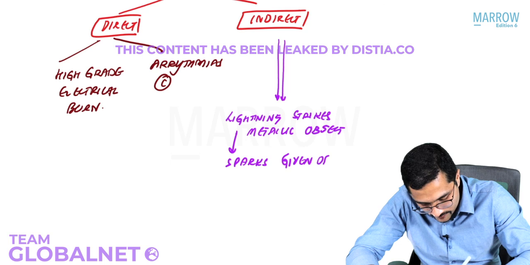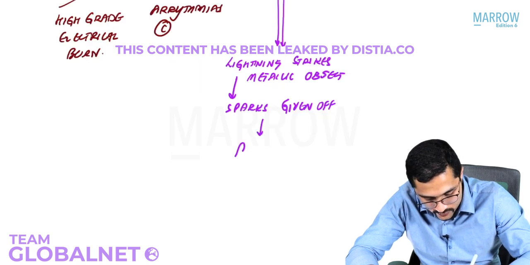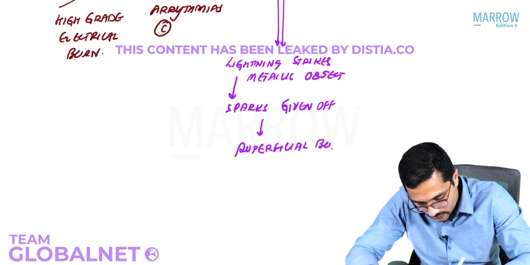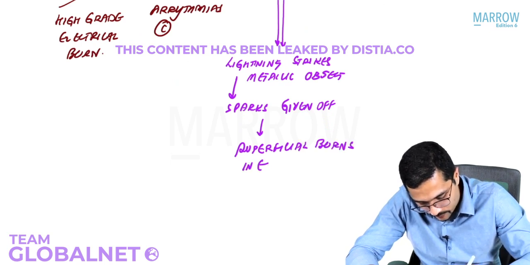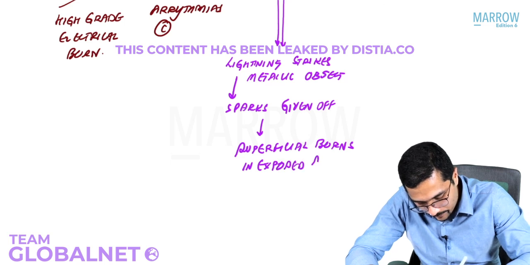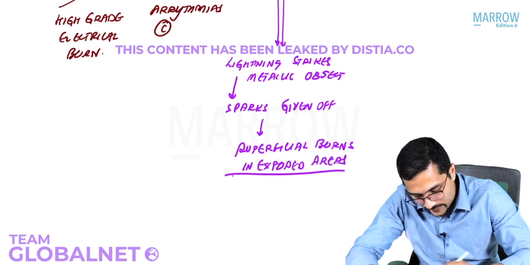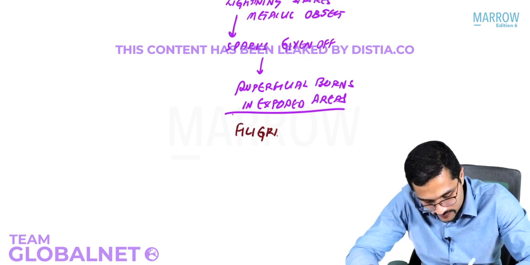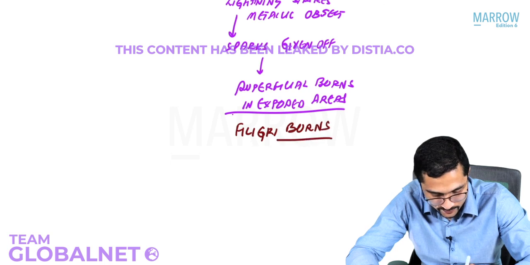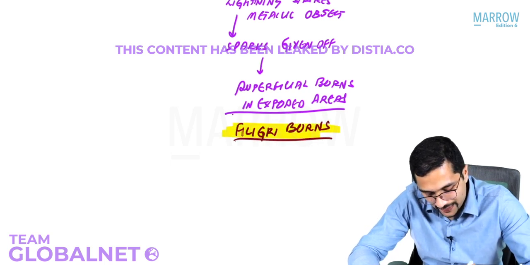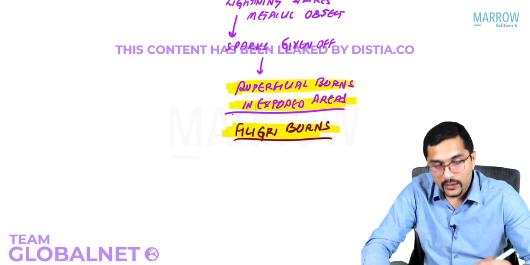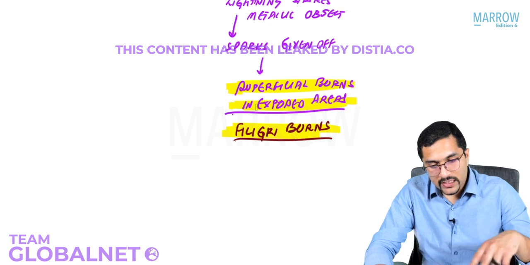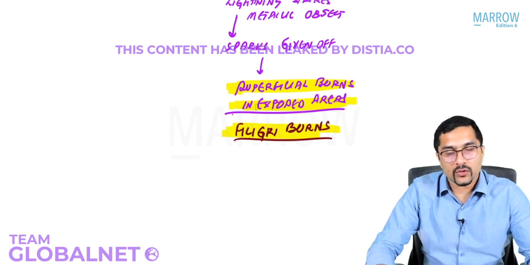And when sparks are given off, they cause superficial burns in exposed areas, and the pattern which you get is known as filigree burns. This question has been asked 2 or 3 times in the exam, and it's been covered in forensic as well. This pattern of superficial burns is known as filigree burns, which can occur after lightning injury. So these were the special situations which I wanted you to know.